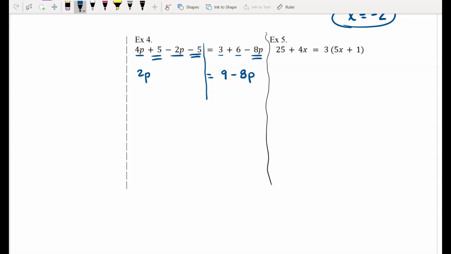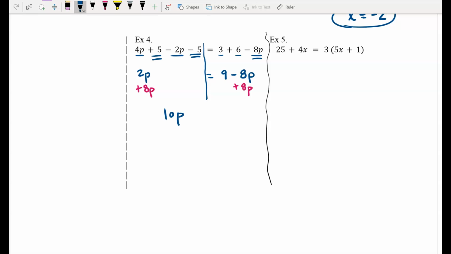And now I'm ready to solve. So this time I have variables on both sides, and I want the variable all on one side. When I'm changing sides of the equation, moving something from one side to the other side, that's the solving process. So I'm going to add 8p to both sides, which is going to give me 10p when I add those together.